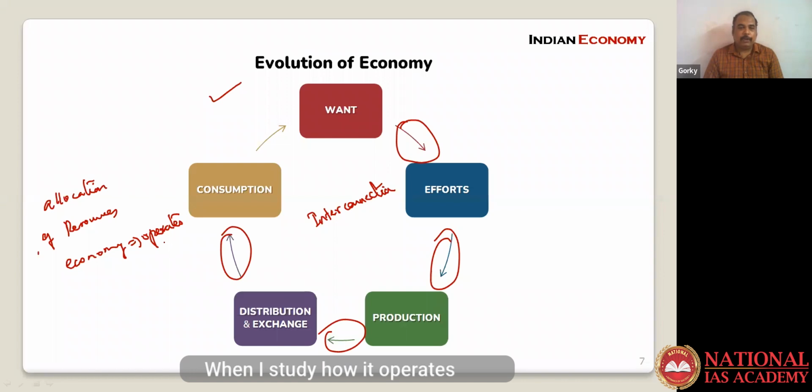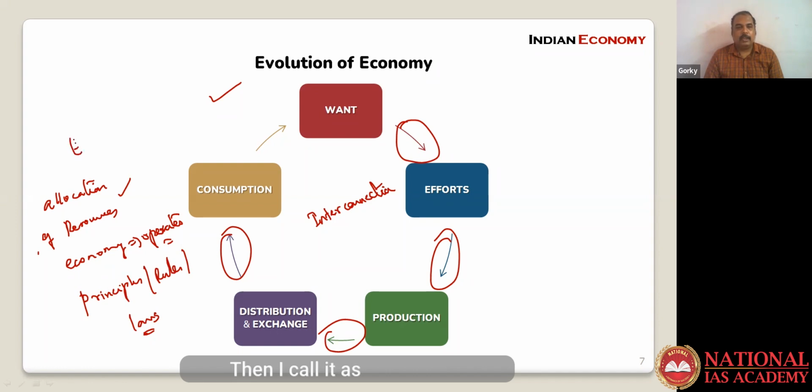When I study how it operates and I try to find how the resources are being allocated, and I try to find they're working with certain principles, rules, laws, and so on, then I call it economics. What is economics? Economics is all about understanding the operation of the economy through principles, rules, or laws, for understanding how allocation of resources is done for various economic precepts or elements, or components, whatever it is.